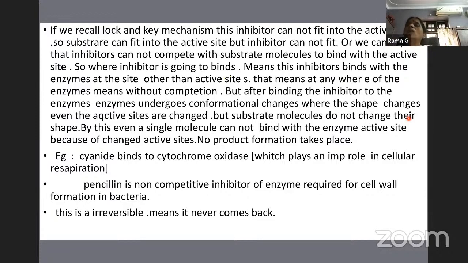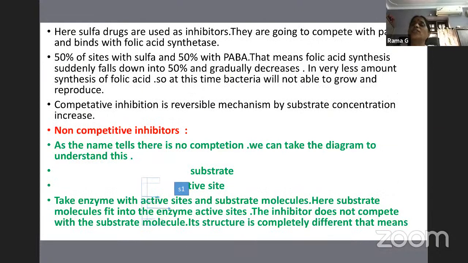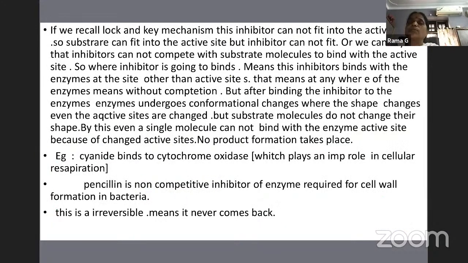So no complex formation takes place and no end products are produced in this type of inhibition. The total reaction activity will be stopped. That means no end product formation takes place with non-competitive inhibitors.